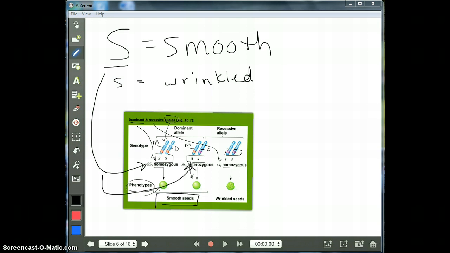This one also has at least one big S, so I am also still smooth. However, this guy over here, there's no big S to be found. The only way I can show up with this wrinkled phenotype is if they are both recessive, both little, and sure enough, that's the case.